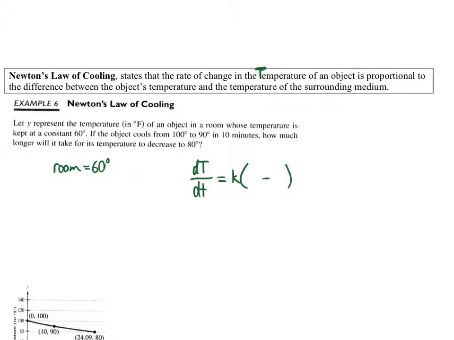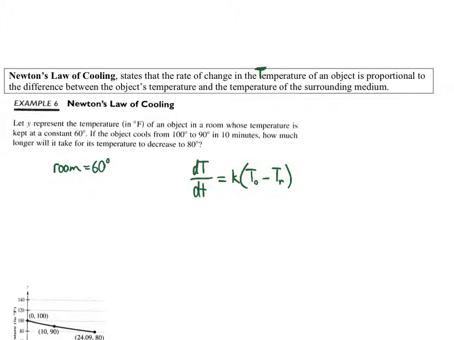So I'm going to do T sub O for the temperature of the object, minus the temperature of the room, T sub R. So this is Newton's law of cooling, the rate of change.